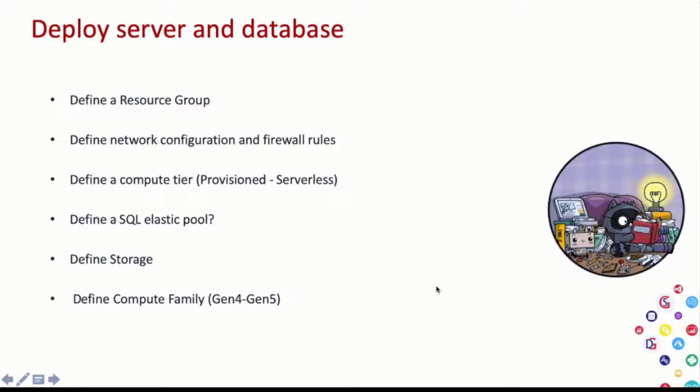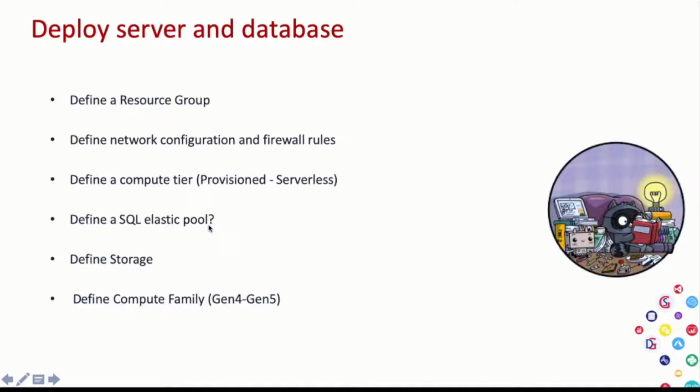Next up, we'll see the deployment of the server and database. What we need to define, in this order, is first a resource group. We have to create a resource group where we will create the network configuration and firewalls, and define a compute tier, which is provisioned or serverless. Here we will use serverless. Next, we'll define a SQL elastic pool if we have one or if we don't need that.